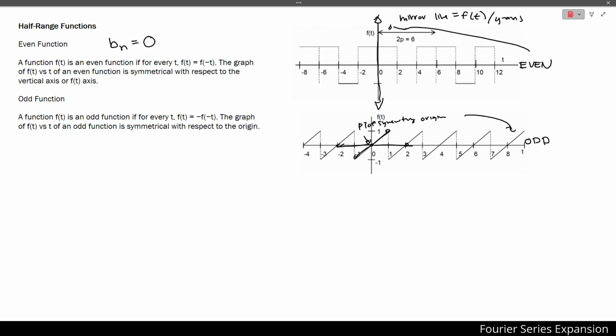And if odd naman yung function natin, then a of n is equal to 0 and also a naught is automatically 0. For all even functions, b of n is equal to 0. Meanwhile, for all odd functions, a of n and a naught are equal to 0. Then, just use the same formulas that we've been using to get the Fourier series expansion of the periodic function.